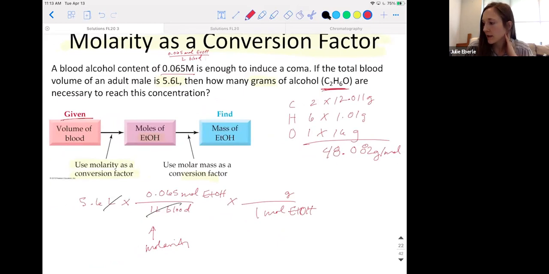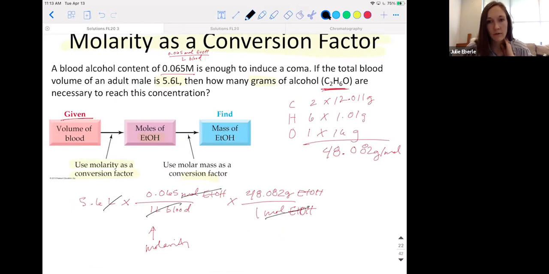And so then you'll plug in that number of grams. And look what happens. Moles of ethanol cancel. So we've used molarity to convert from liters to moles. Then we use molar mass to convert from moles to grams.